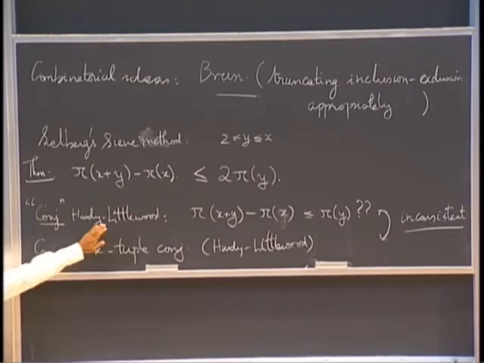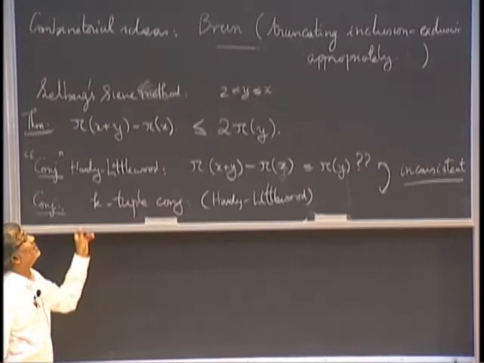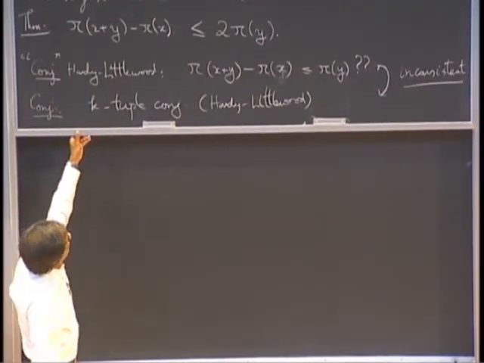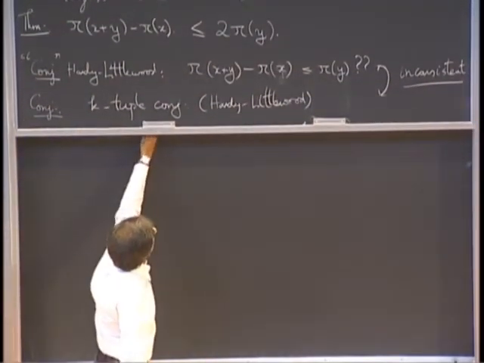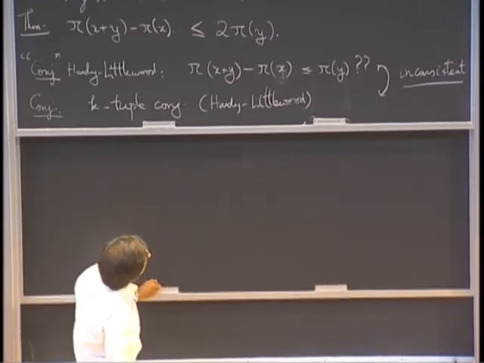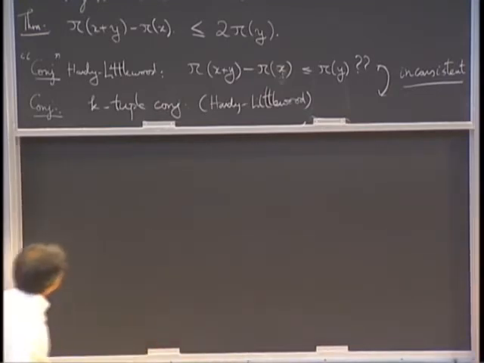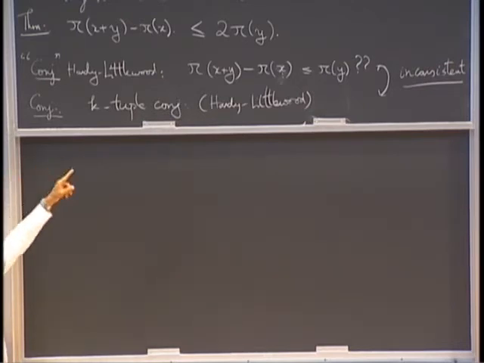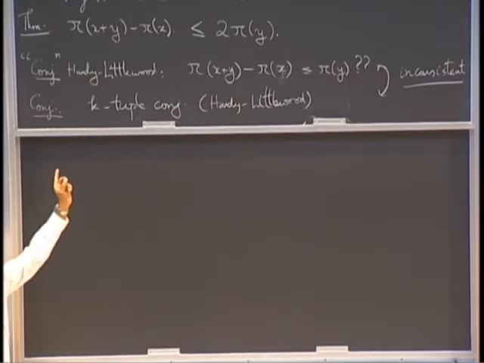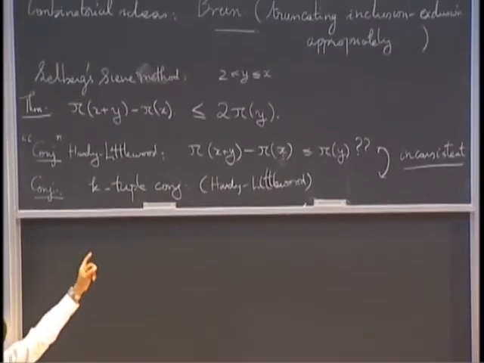But it's not reasonable to try to prove this. So, okay. So that's a theorem which I hope you can see is a very remarkable theorem. It holds uniformly in x and y.